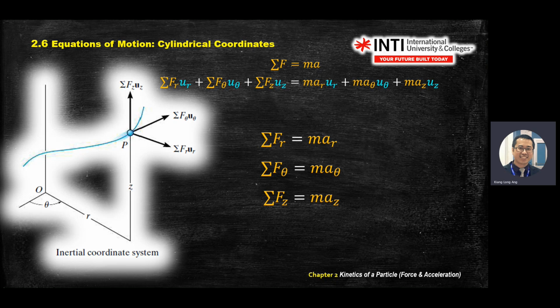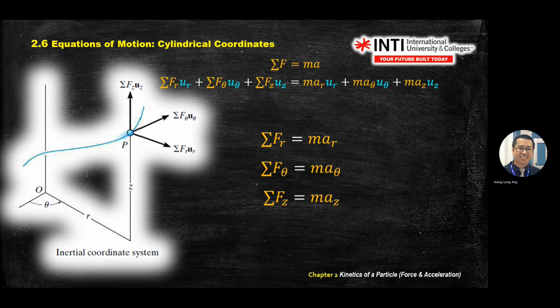We have three sets of equations when you deal with a three-dimensional scenario, R, theta, and Z. Same principle, F equal to MA, but different axes. Same idea as your X, Y, Z linear motion, tangent, normal, and B. Now we change the way we communicate.